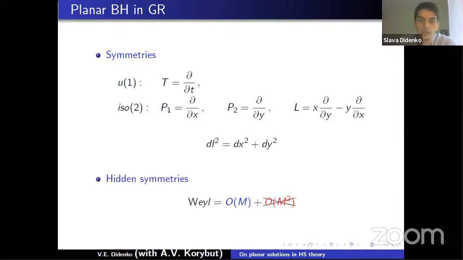And as well as the other cases in gravity, that solution is known to have what are called hidden symmetries. There are many ways to present these hidden symmetries. One way of seeing them is that if you look at the curvature tensor, it requires only a linear in M contribution, whereas all possible higher order corrections vanish.